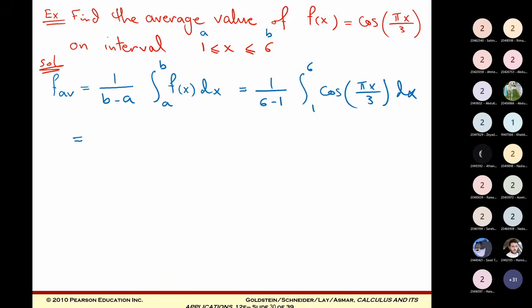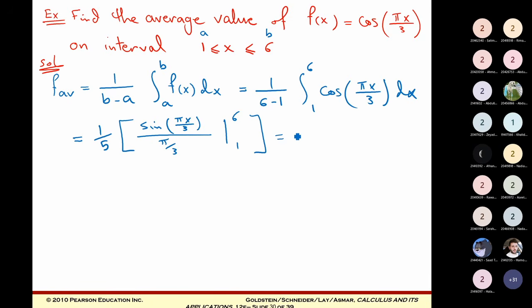This equals 1 over 5, 6 minus 1, multiplied by the integral of cosine, which is sine pi x over 3, over pi over 3. And we need to substitute 1 and 6.